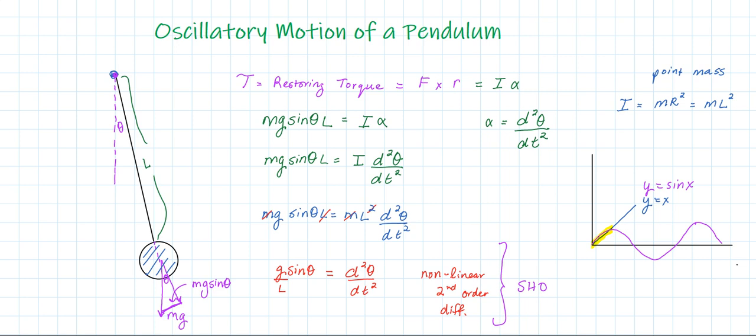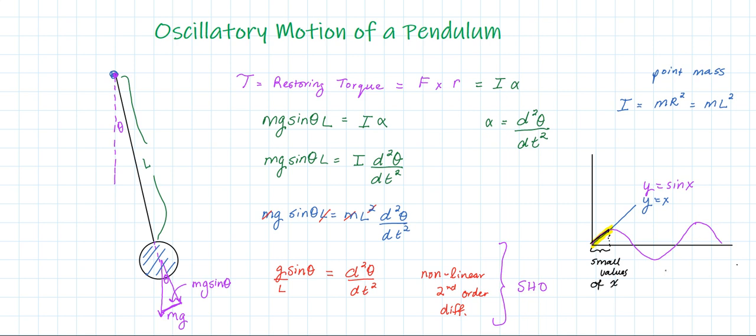Now I drew them not overlapping, just a little bit so you can see them, but you can imagine them laying right on top of one another. So basically what we can say is, for small values of x, the two functions have the same output.